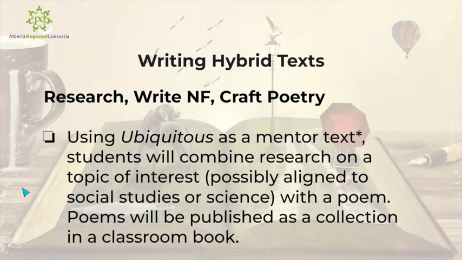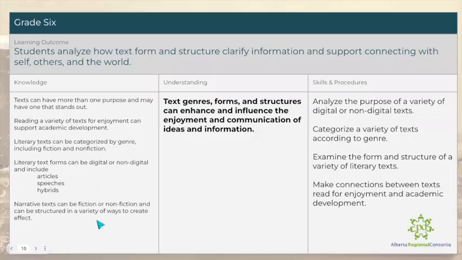I personally love building classroom books. So for both of these examples, I would look to build out whatever the students create in some kind of a classroom book, whether it is digital or print in nature. So again, we see here that hybrid text is included as a form to be considered.